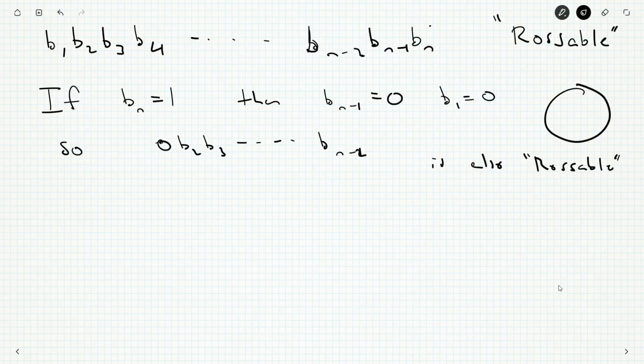You probably should write that up a bit, but I think that's fine. And it has, well, we've gotten rid of one gift, so k minus 1 presents or gifts. And the length here is n minus 2. So, okay, that's fine.